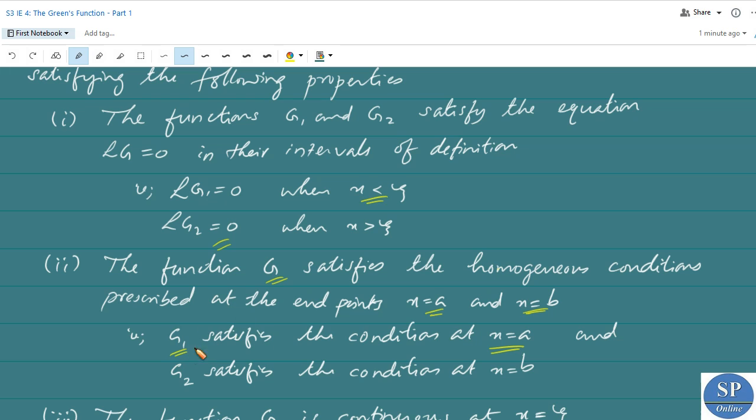That means g1 satisfies the condition at x = a, because g1 is defined as x varies from a to ζ, and g2, where x varies from ζ to b, satisfies the condition at x = b, where the endpoint is b.